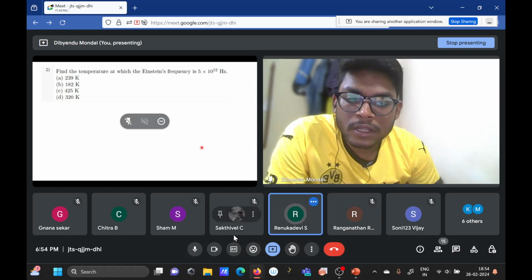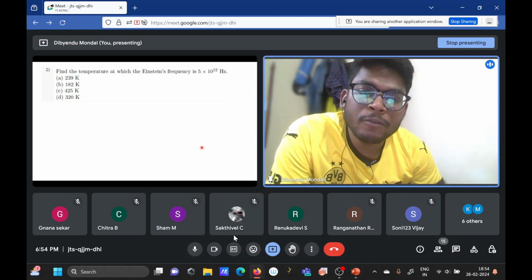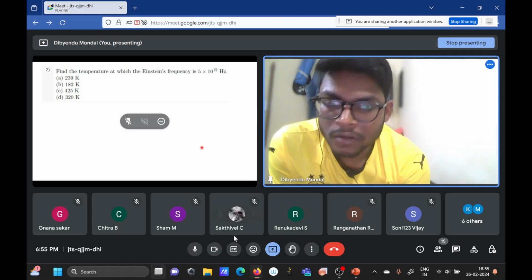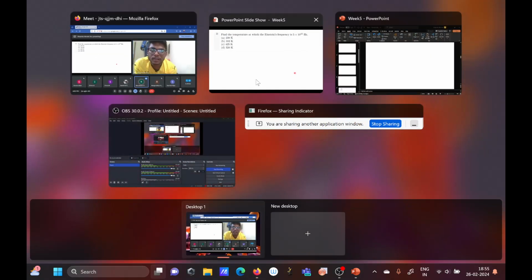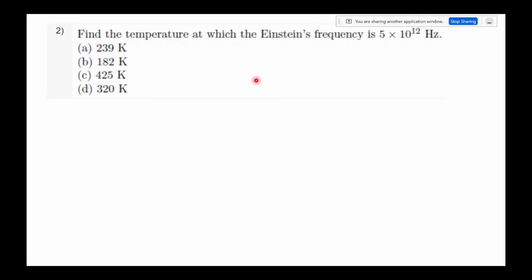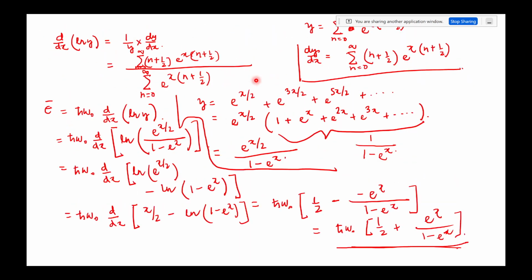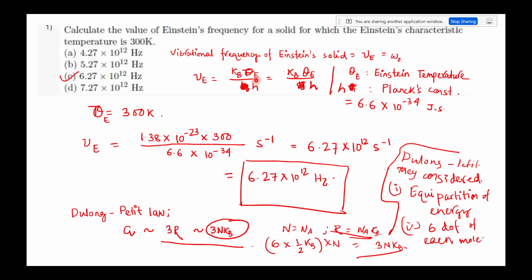Yes, we will use the same formula as the previous one in question number 1. The only thing there was, in question number 1, given the temperature, you calculate the frequency. But you just have to reverse the roles. Here also kB theta e by h gives the frequency.